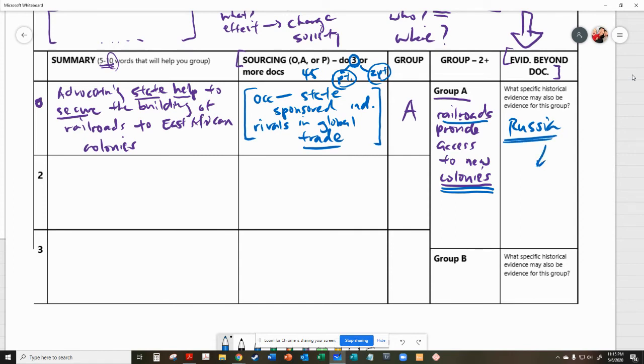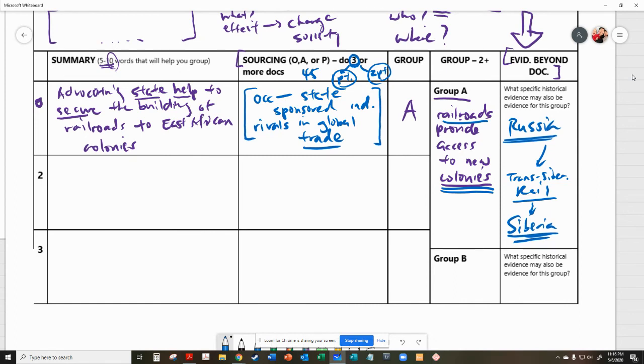We're talking about empire building. How does Russia reach the far edges of its empire in terms of Siberia? If you know Siberia, then you can look at the Trans-Siberian Railroad as an example of evidence beyond the document.